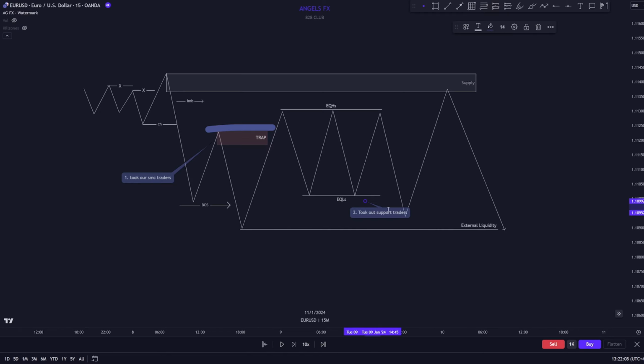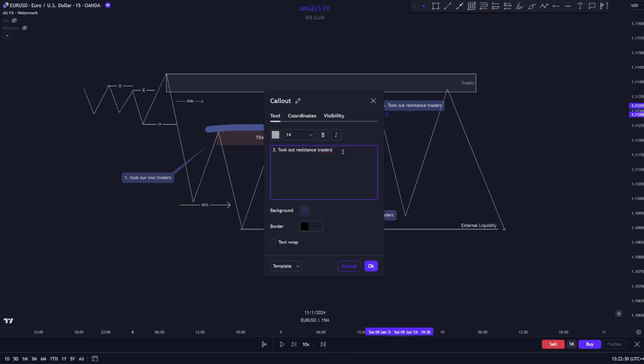And here, after we swept equal lows, price targeted equal highs. So now resistance traders got taken out. Third one, took out resistance traders.